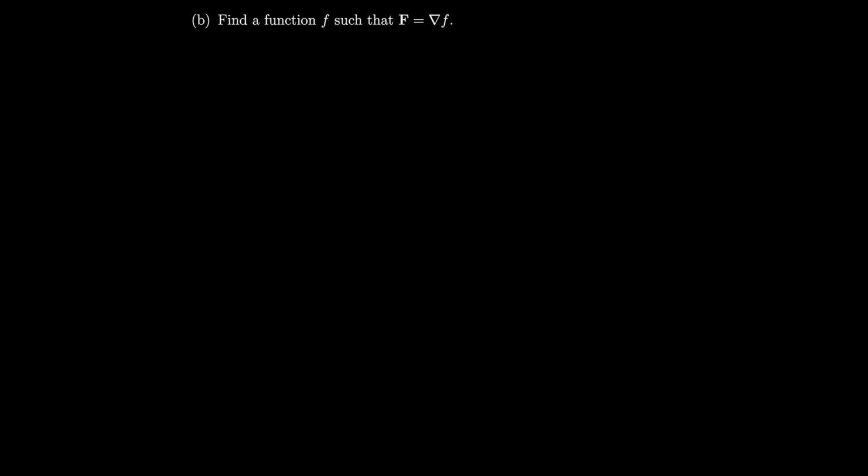Well, because it's conservative, that means that it came from the gradient of some function. So how about we try to find that potential function? We do it the exact same way as we did before. We just look at each of the partial derivatives. So we'll look at the partial with respect to x, which is y squared z cubed, if this thing is equal to a gradient, which we just showed that it is.